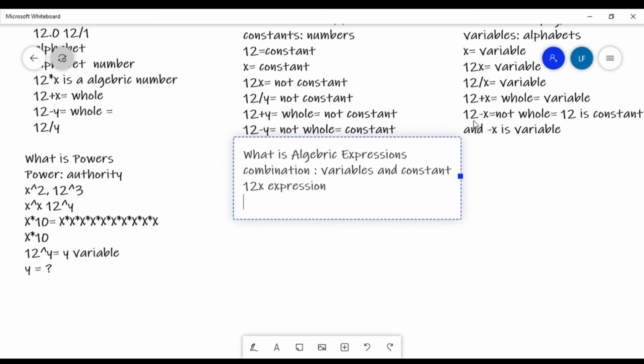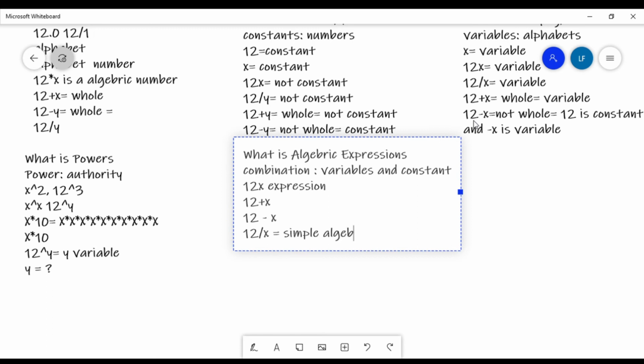It is a very simple expression. 12x, 12 plus x, 12 minus x, or 12 divided by x. These are very simple algebraic expressions. They are therefore known as simple algebraic expressions.